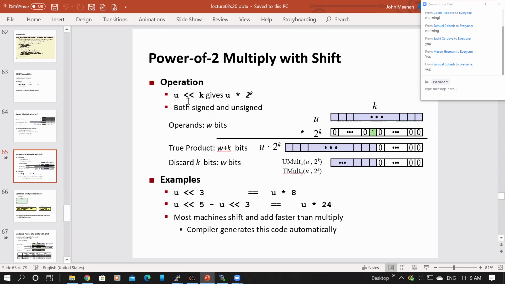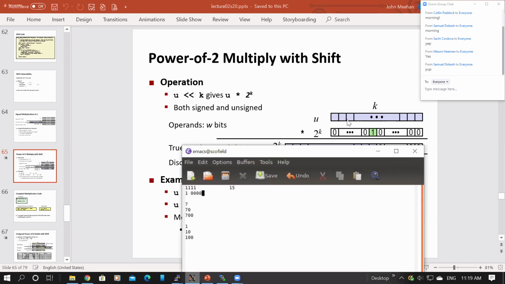Double greater than is a shift right. We'll look at each one of them. If I have a U and I want to shift it left K bits, that's as if I multiplied U by 2 to the K, right?